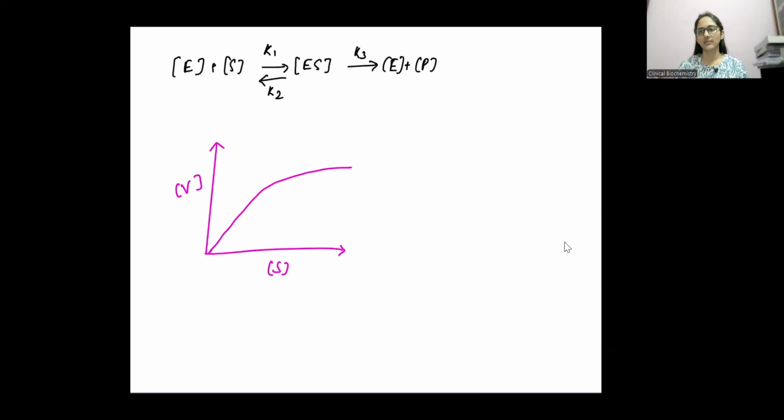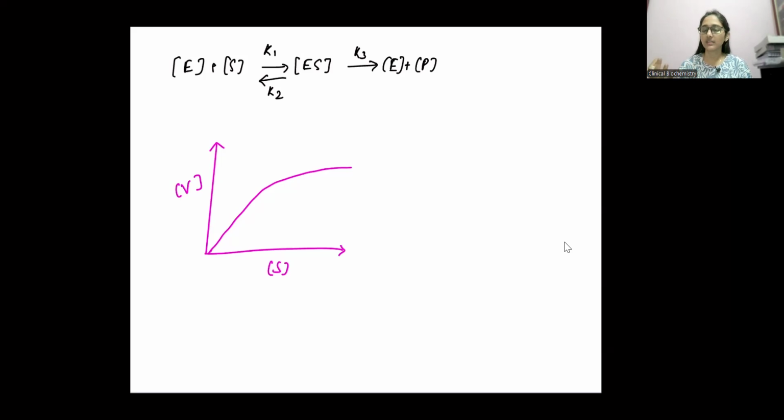Whenever you increase the substrate concentration with the available amount of enzyme, the velocity is going to increase. But when all of the enzymes are saturated, the curve will fall to a plateau wherein even after you increase the substrate concentration, the velocity is not going to increase much.